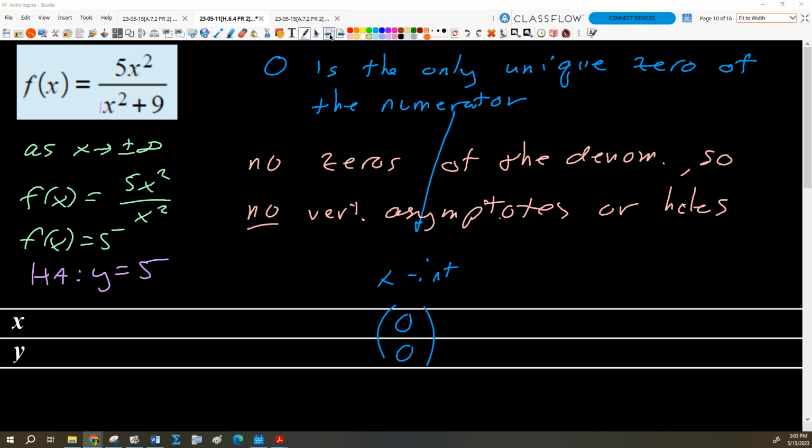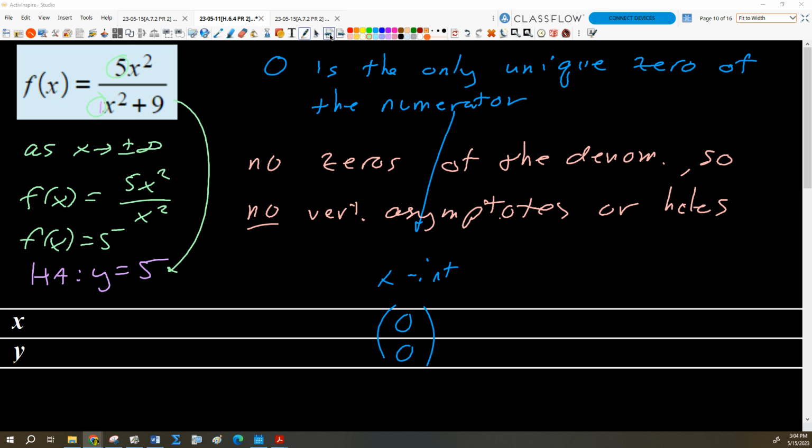When we look at the ratio of the leading terms and we take our limits, that's a little more sophisticated calculus way of saying it, right? You guys can do it that way, but we do have the simple rule, just compare the degrees. They're equal, so we get the ratio of 5 over 1, which gives us y equals 5, right?